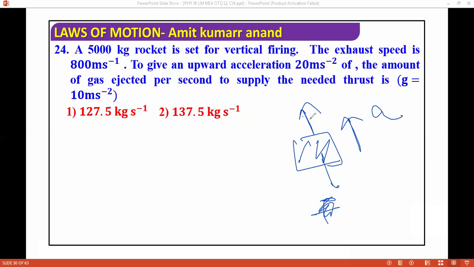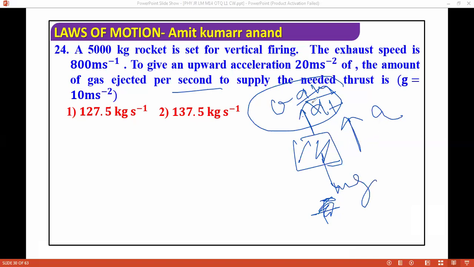Basically, you have to take the difference. V dm by dt is one term, and this is mg. So V dm by dt minus mg equals total mass into acceleration. So basically, what you need to do is V dm by dt.